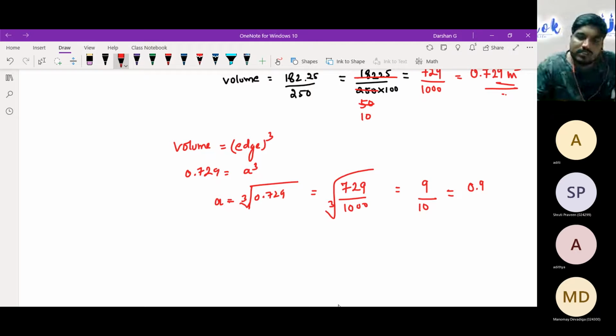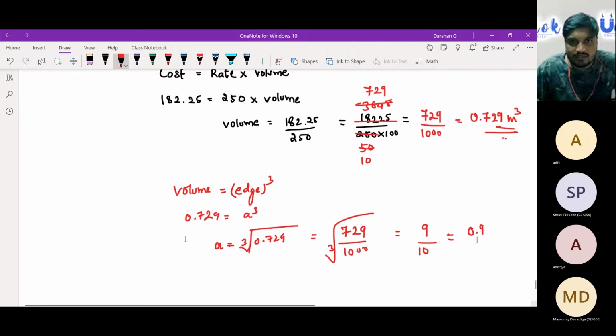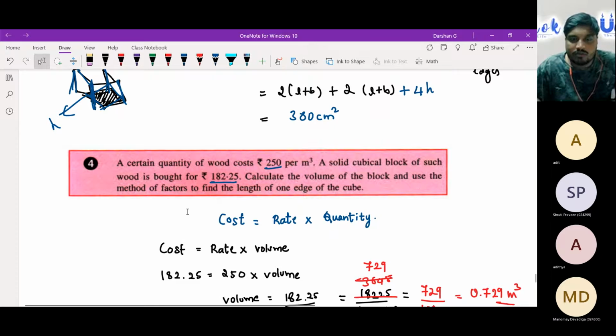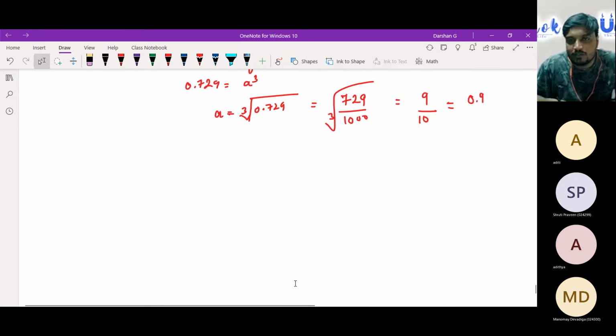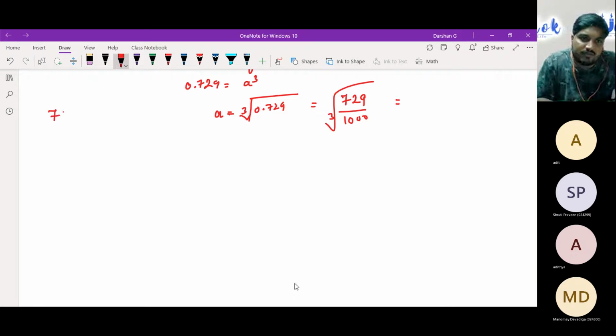Or if you don't want to use this, you can also use the factoring method. Oh, they have told us to use the method of factors, so we cannot do this directly. To use the method of factors, take 729 divided by 3. The answer is 243.